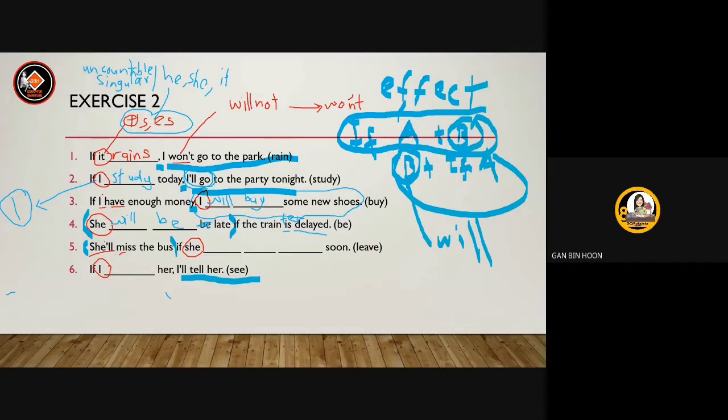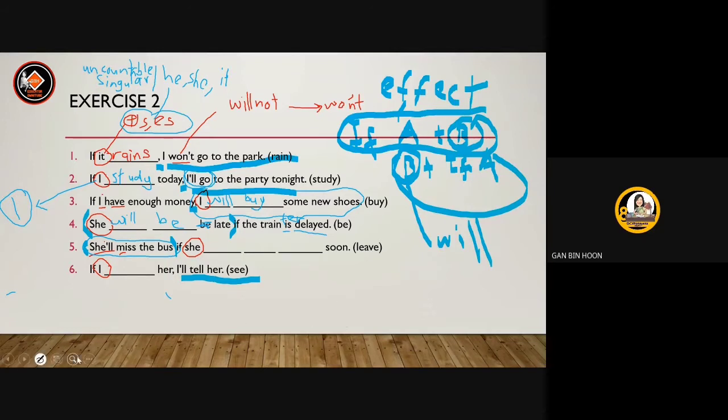Okay, next. She will miss the bus if she leaves soon. Dia akan ketinggalan bus. Akan ketinggalan bus ini adalah outcome dia, akibat. So ayat asal dia ada apa? Who can guess?